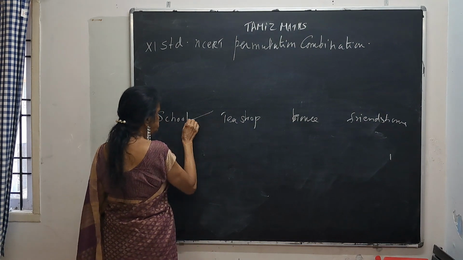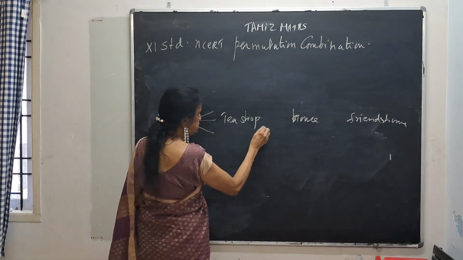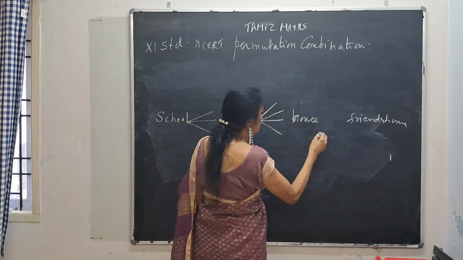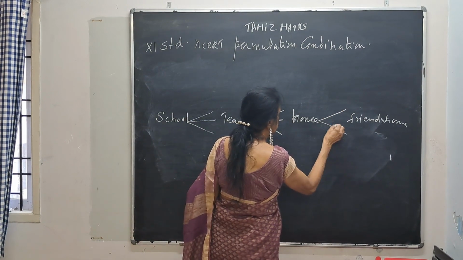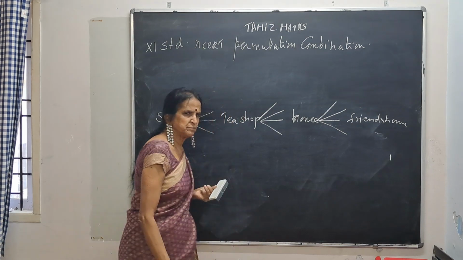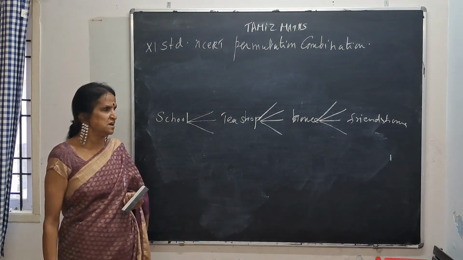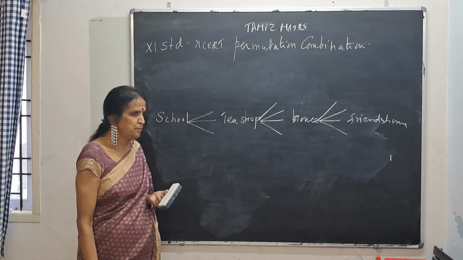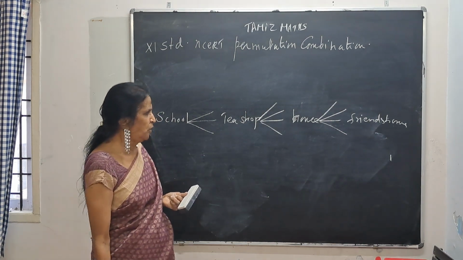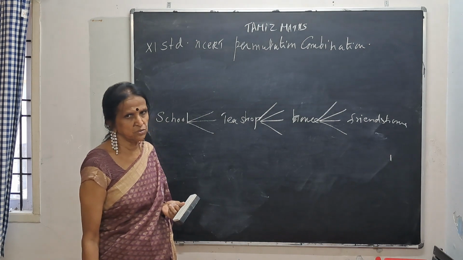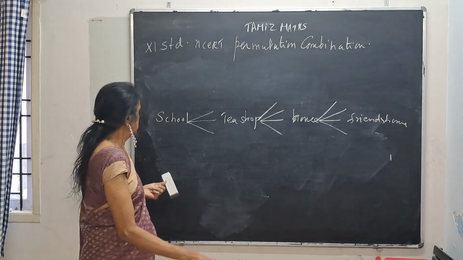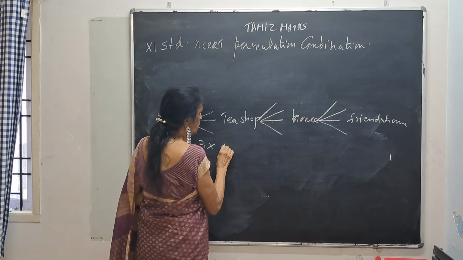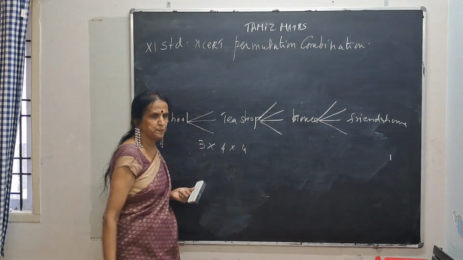From school to tea shop, 3 ways. From tea shop to home, 2 ways. Or 3 ways, 4 ways. And from home to friend's house, another 4 ways. In how many ways can I go from school to tea shop to my home, and from my home to friend's house? This is 3 into 1, 2, 3, 4 into 1, 2, 3, 4.